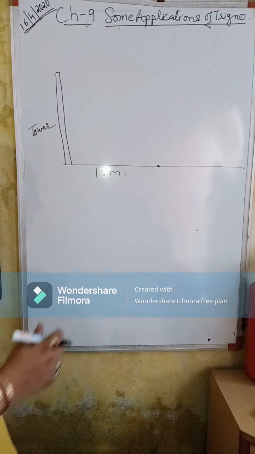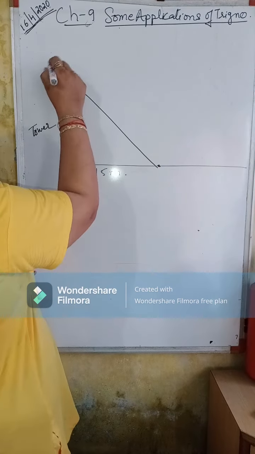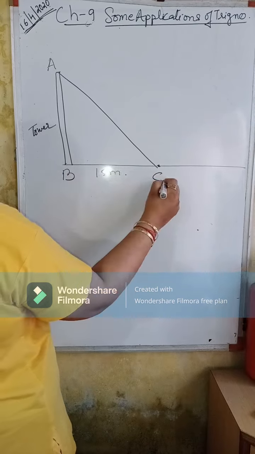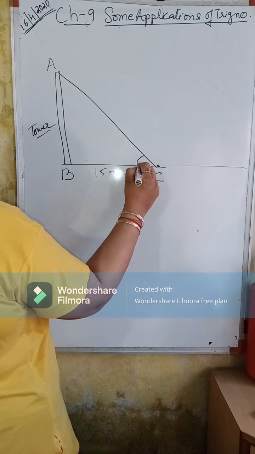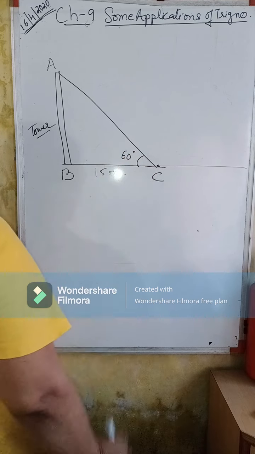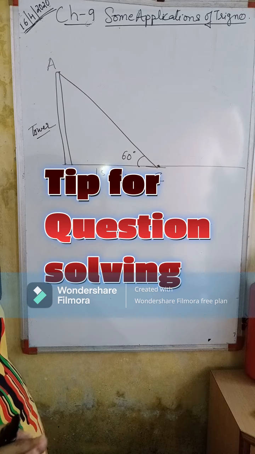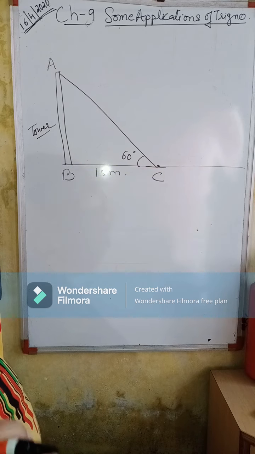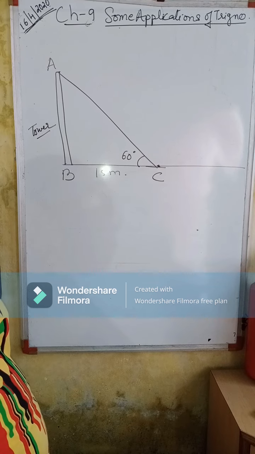We have to find the height. The angle of elevation will be this. This is our tower, and to the ground this angle of elevation is 60 degrees. Many questions will not be given with any type of figure. You have to make your own figure, and if you make a wrong figure, your answer will go wrong.